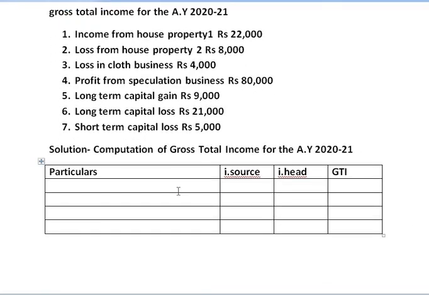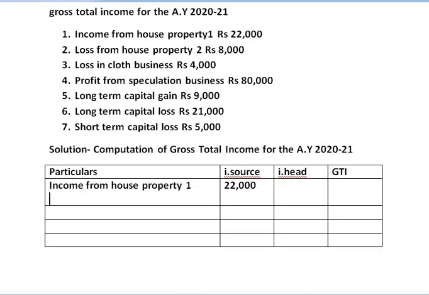First we have to take income from salary, but in this sum we are not provided any information relating to the first head of income, that is income from salary. So directly we are taking the second head, that is house property. Always we have to take income from house property first. Income from house property 1 is 22,000.